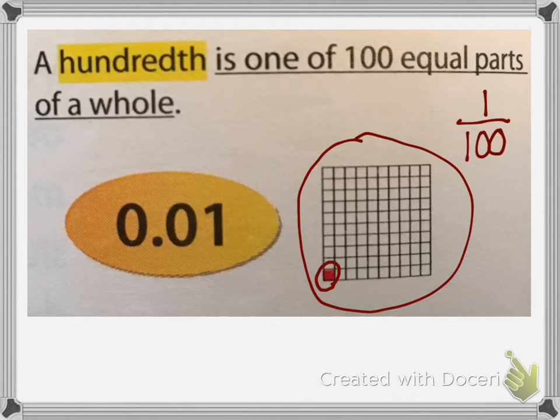But as a decimal, it would be written like this, because the 1 is in the hundredths place. If we refer back to our decimal place value chart, this 0 right here represents the tenths, and this 0 represents the whole.